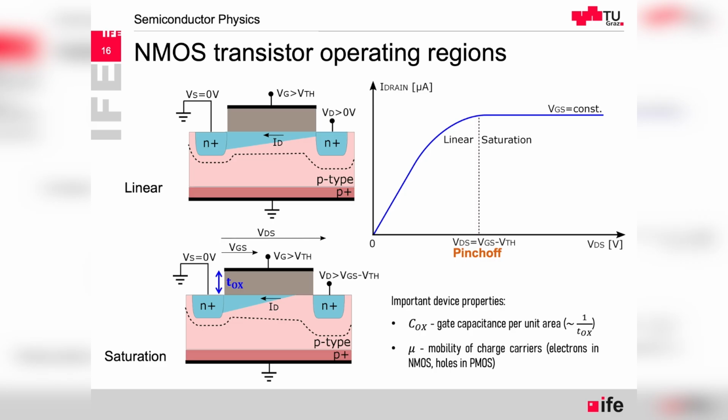But the majority carriers from the channel perspective are electrons, and the electron accelerated towards the drain is going to cross into this space charge region and still contributes to the current flow, but there is no more charge available. That's why the characteristics of the drain current as a function of the drain-source voltage show that in this so-called saturation region, the current remains constant.